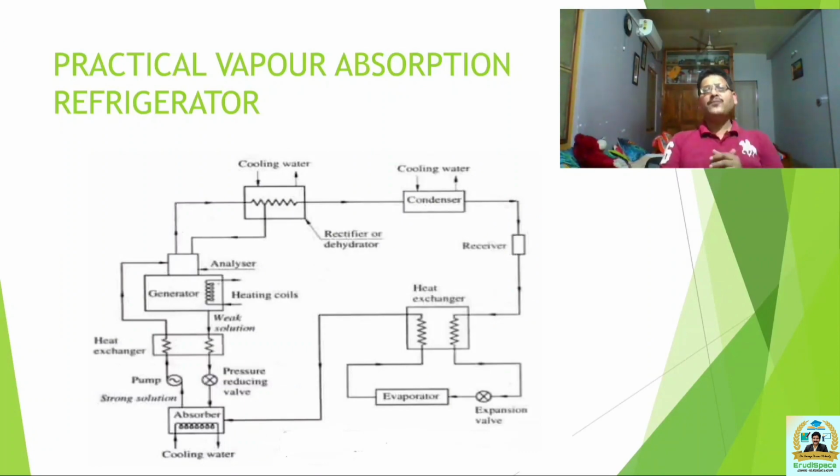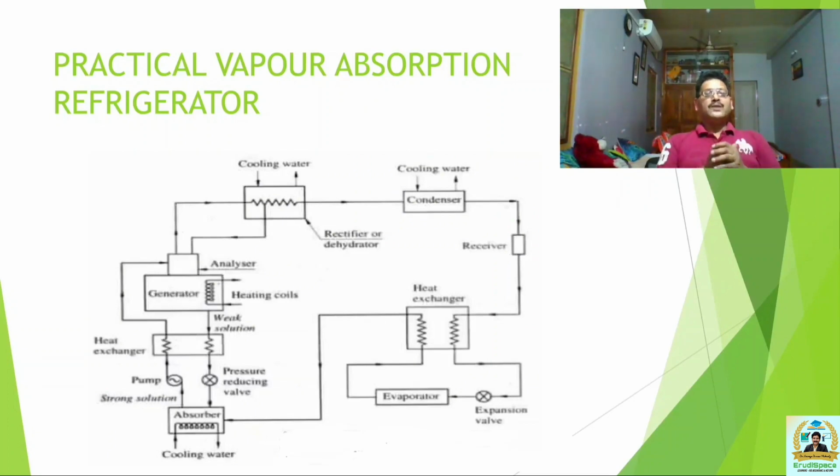Then two sets of heat exchangers are also being provided. The first heat exchanger ensures that heat is transferred from the weak solution coming from the generator to the strong solution entering the generator. So by providing this heat exchanger, we achieve two objectives.